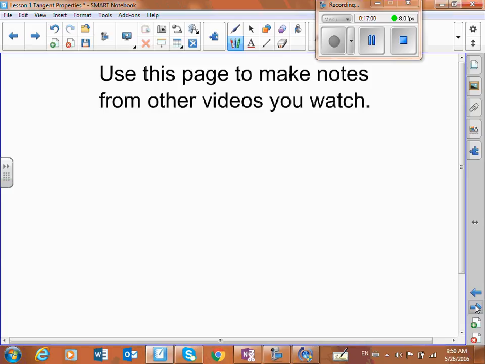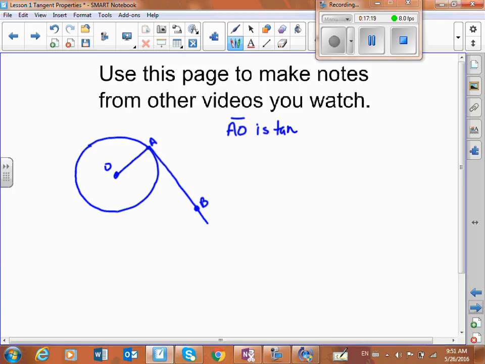The biggest point here is I have a circle and I have a radius, and I have a tangent line. Let's say that's point A and there's point B, and this is O. I think I did that wrong, sorry guys.